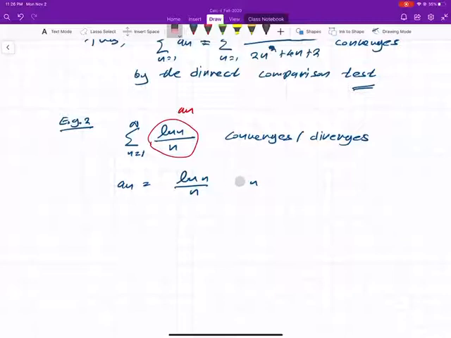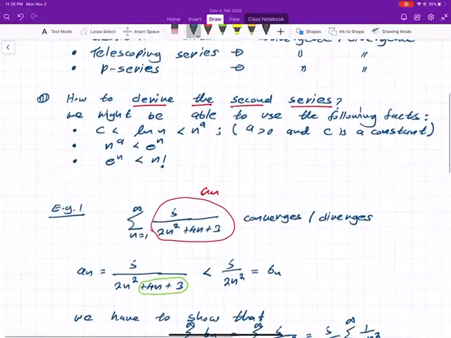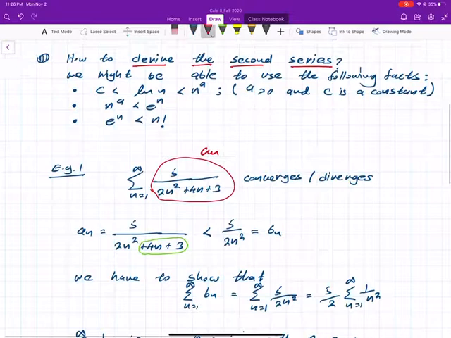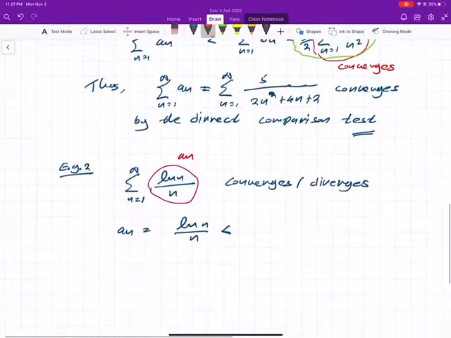First just try making something greater than that. In the previous note, I gave you a note like this. See this part? I wrote n to the power a is greater than ln n. This a can be any positive number.